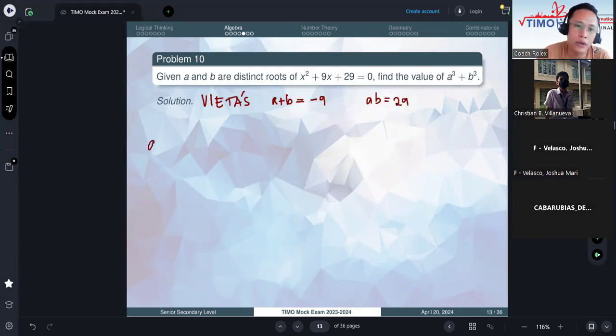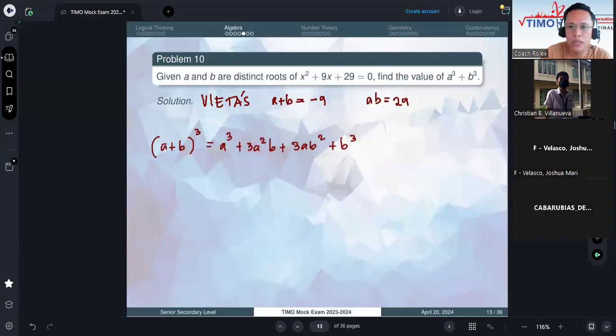But we are looking for a cubed plus b cubed. And take note, we look at a plus b quantity cubed, and this is by the special product. This is equal to a cubed plus 3a squared b plus 3ab squared plus b cubed.